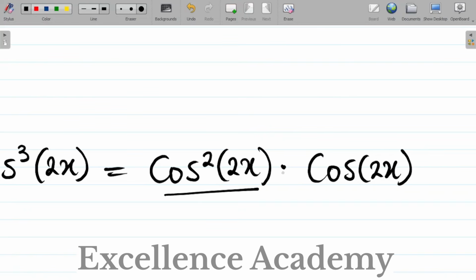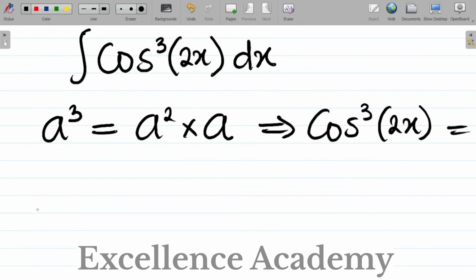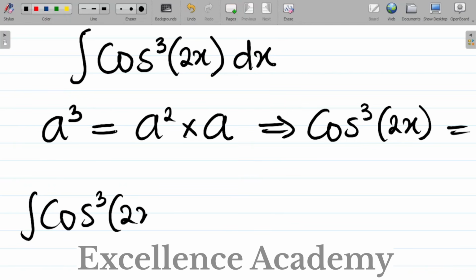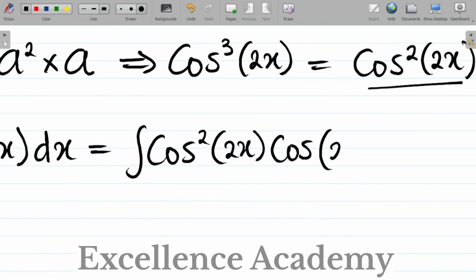Cos squared 2x multiplying cos 2x will give you cos cube 2x. In essence, the integral of cos cube 2x dx is equal to the integral of cos squared 2x multiplied by cos 2x dx. So we have this. Basically, here's my first task there.